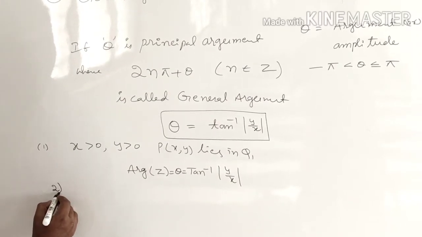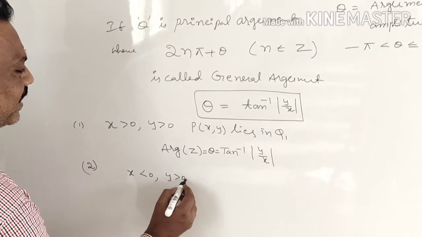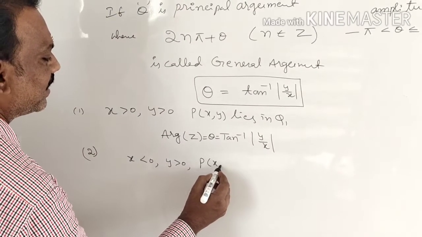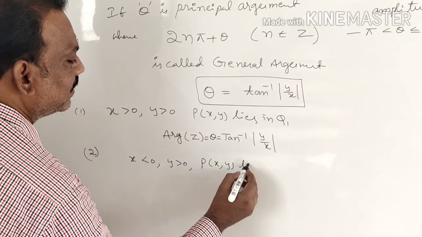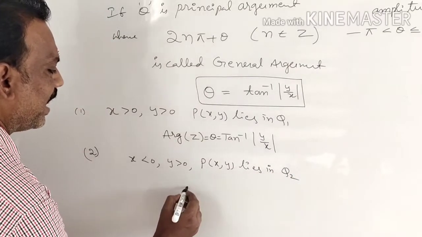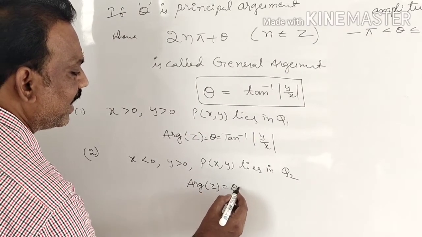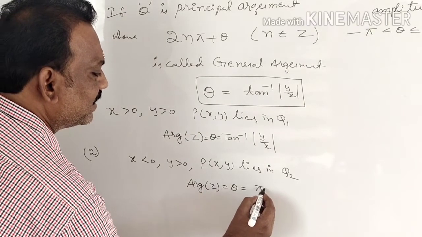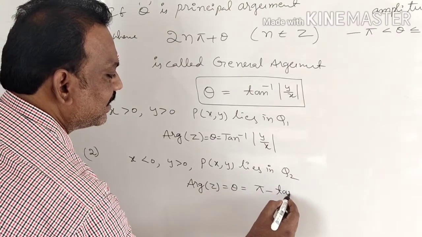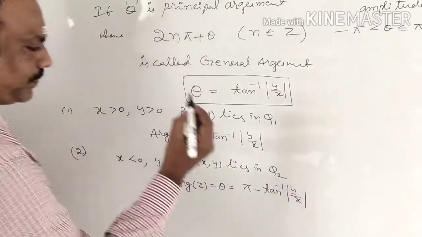Suppose it is in the second quadrant, x less than 0, y greater than 0, the point (x, y) lies in quadrant 2. Then the argument of z, denoted theta, is pi minus tan inverse of mod y by x.